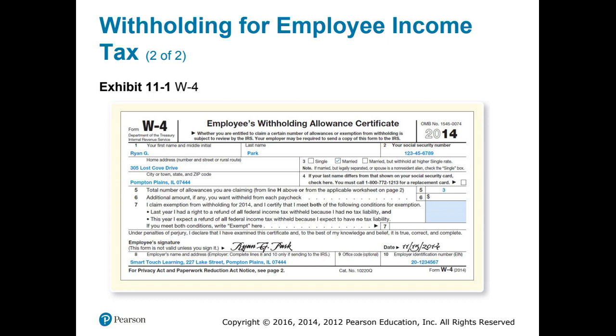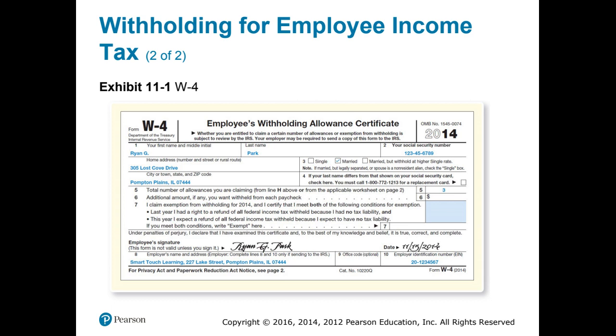So what do we think based on looking at this about this person? They're claiming 3 allowances. They're stating that they're married. So what do we initially think about this particular employee?